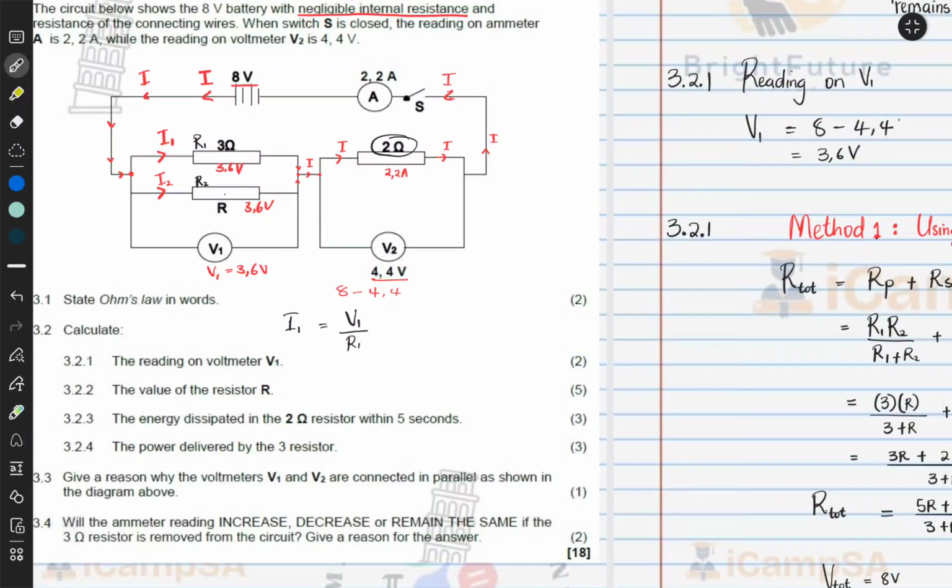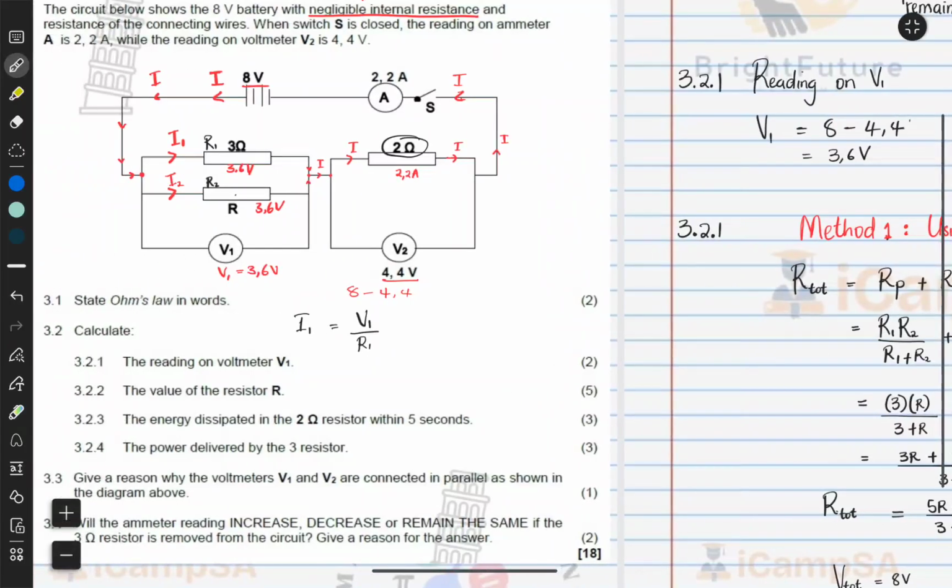So when you want to calculate energy in joules, you use time in seconds. If the time was given in minutes, or hours or days or whatever, you would have to convert it to seconds and then calculate the energy. But in this case, it's already given in seconds, so we can just find energy.